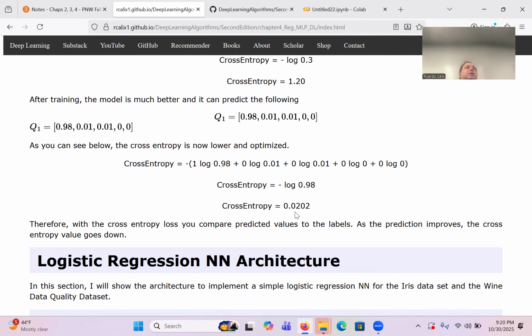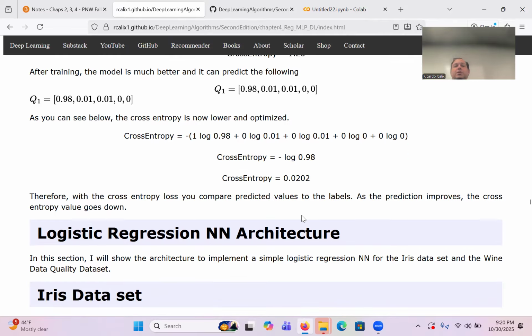So cross entropy, what are we trying to do? Minimize it. Well, we update the weights, and when the weights give us something that looks like this, which reflects the labels, then that's where we get the lowest value. Therefore, with the cross entropy loss, you compare predicted values to the labels. As the predictions improve, the cross entropy value goes down. That's it.